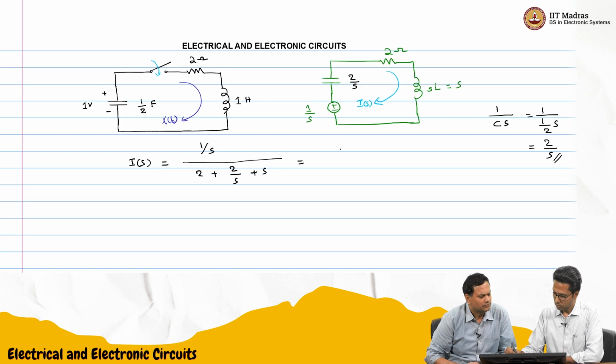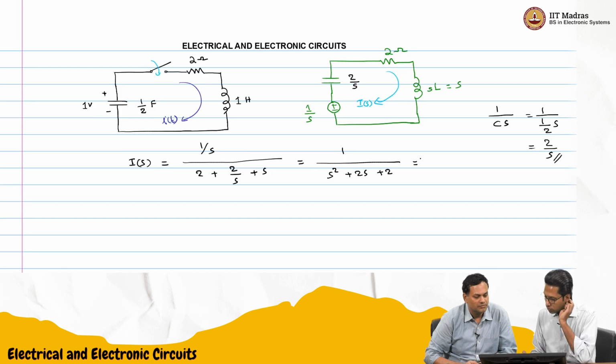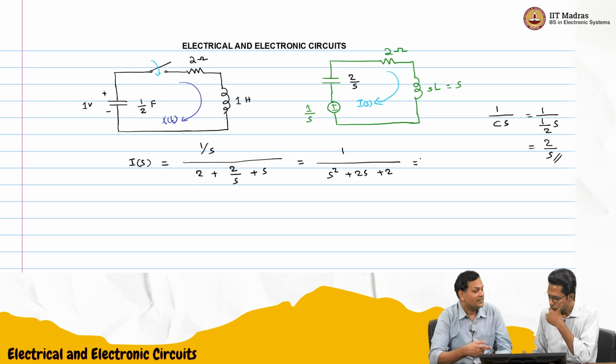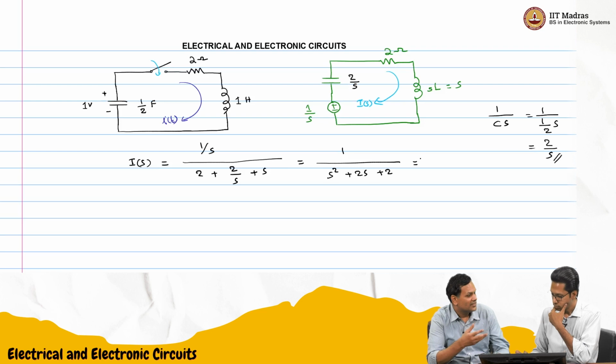So S and S may get cancelled. So S square plus 2S plus 2. Oh, now what will we do? We need to find, try to make this into something usable.